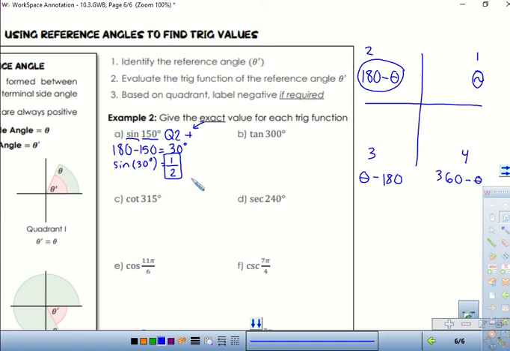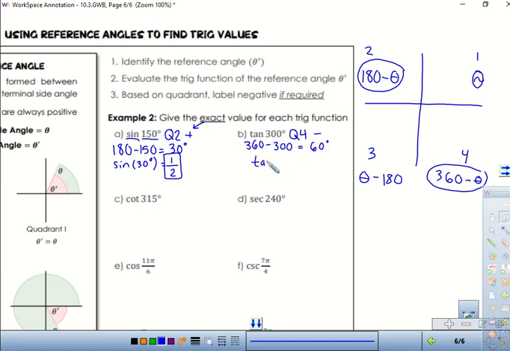It's not bad, right? So the next one here, tangent of 300. What quadrant are we in? Good. In that quadrant, is tangent positive or negative? Good. Now we determine the rule that we're going to use, which is 360 minus the angle, which leaves me with what? 60 degrees.